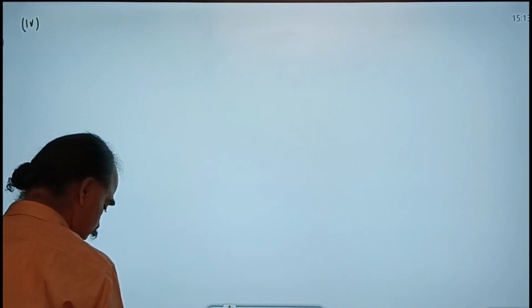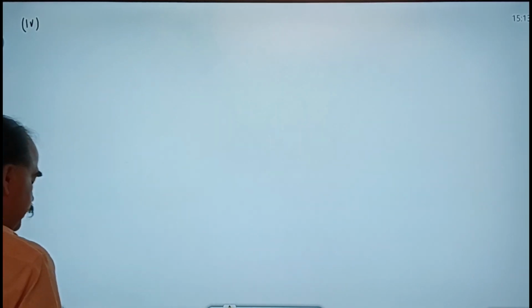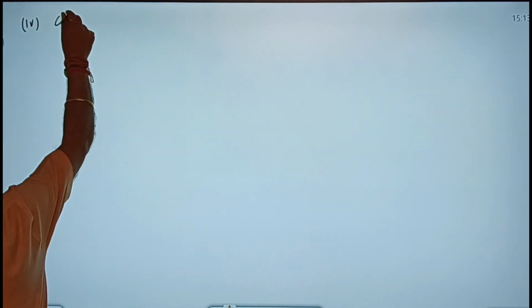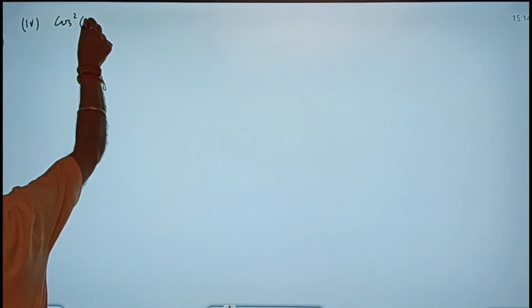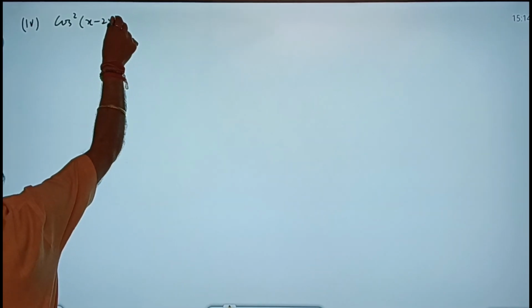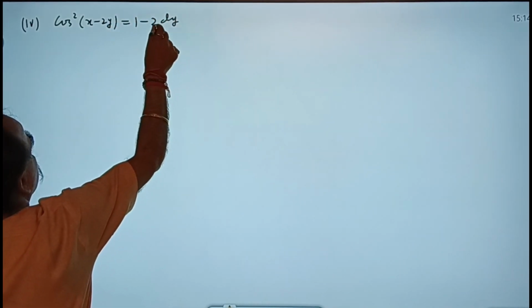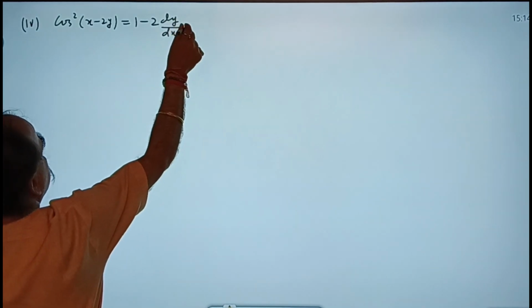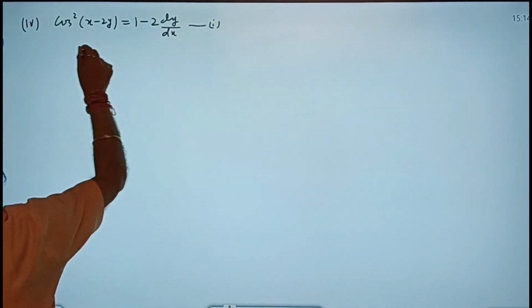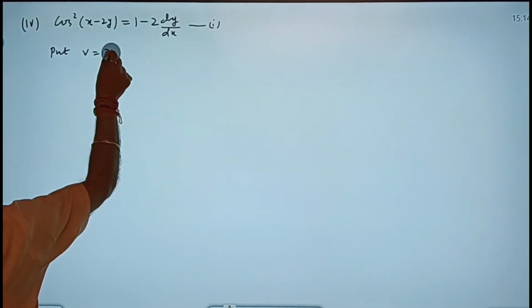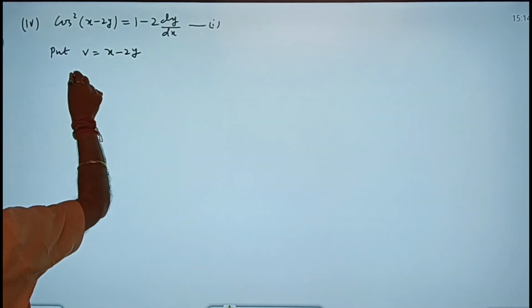Fourth one is cos square of x minus 2y equals 1 minus 2 dy by dx. Put v is what? x minus 2y.